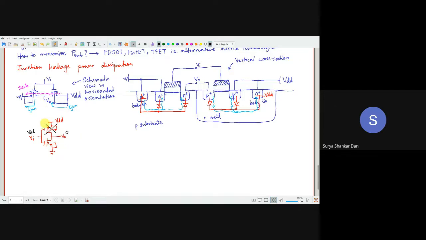But what will happen is, there will be subthreshold leakage here, and since this transistor is switched on, because this is VDD and ground, this current will go. There is no current from the output node per se, but there is a current through here. Makes sense? So this leakage is basically the subthreshold leakage that I have represented as the pink color here, going from VDD to the ground.